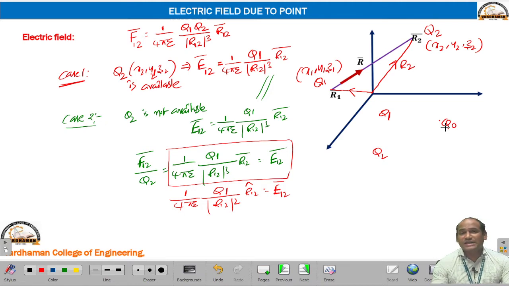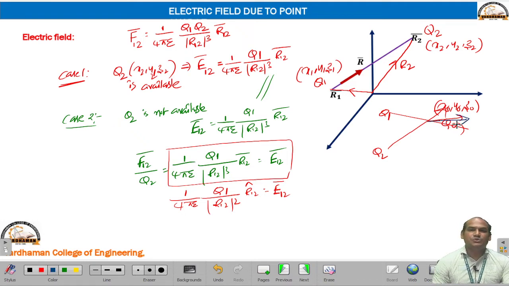Whether q0 is available or not at this particular position x0, y0, z0, you will have the electric field. Because of these two charges you will have the electric field like this. The resultant electric field is given by the vector addition of these two electric fields.